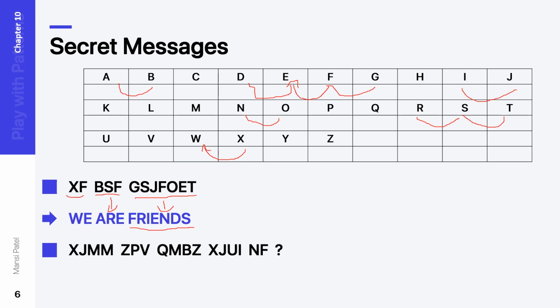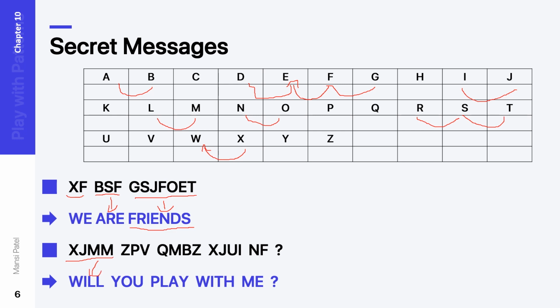Whatever alphabet is written, you write the alphabet before it. So what comes before X? It's W. Before J, I. And before M, it's L. So this XJM represents will.